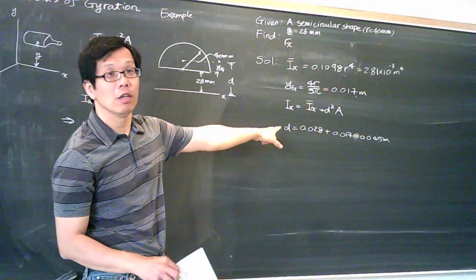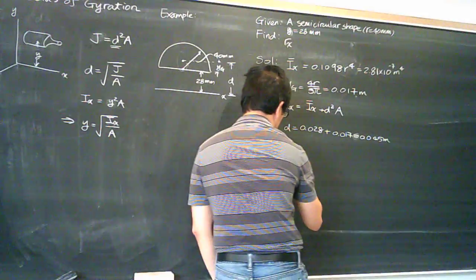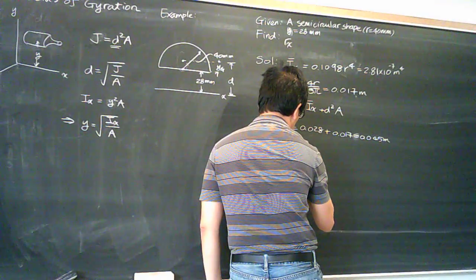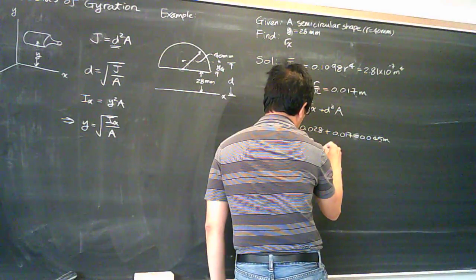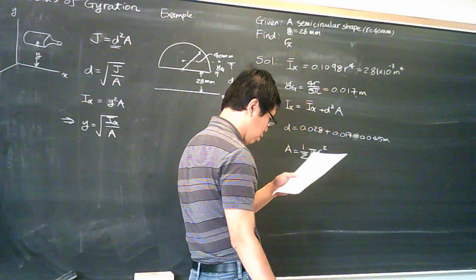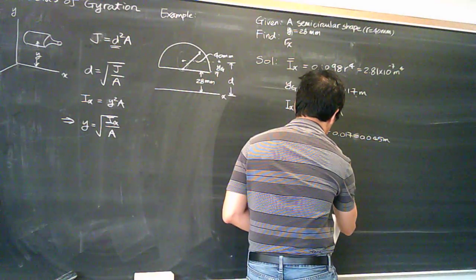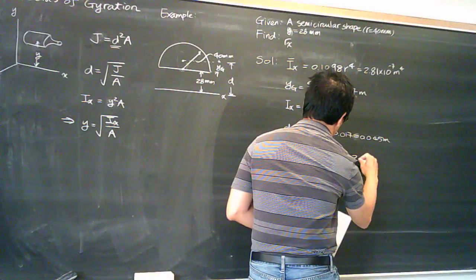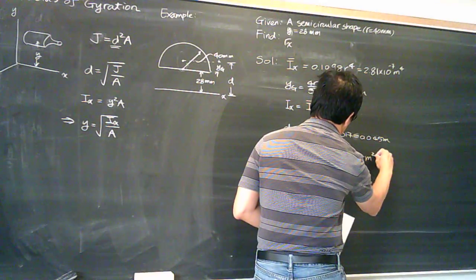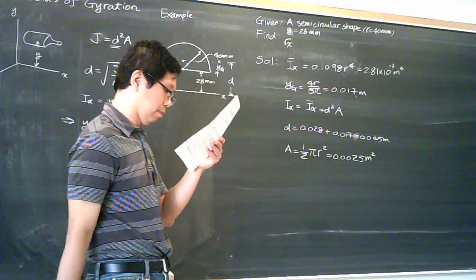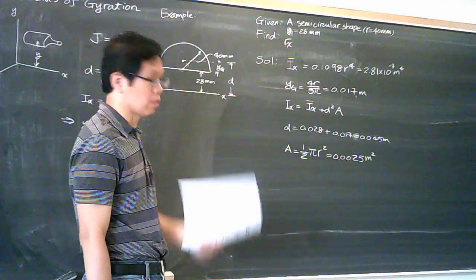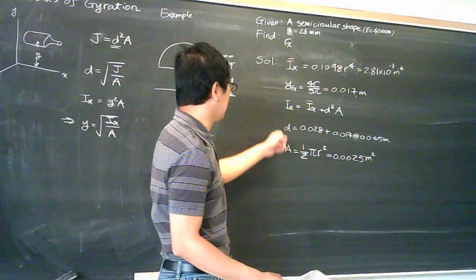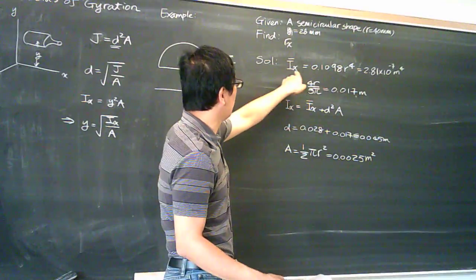And A is straightforward. It's going to be 1/10 pi r squared, which gives me this. So I got my A, I got my D, I just plug, and I have Ix bar.